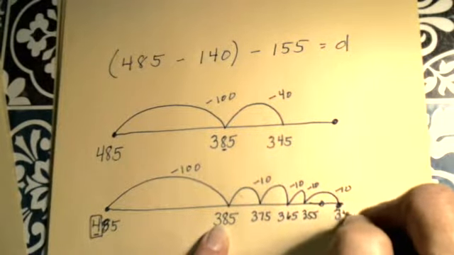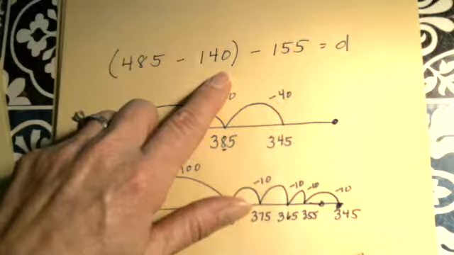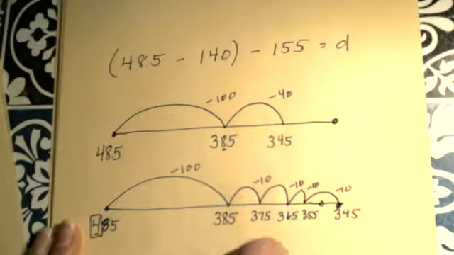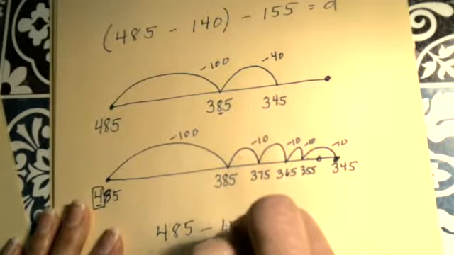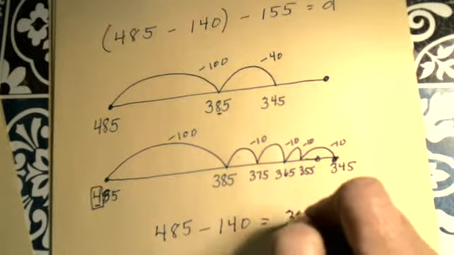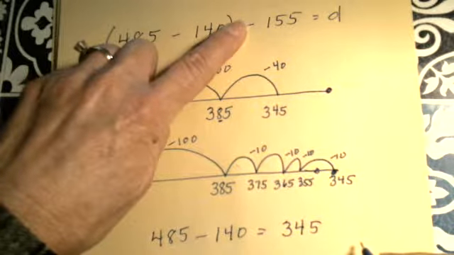And that gets me to 345. Okay, so 485 minus 140 equals 345, but I still need to take away the 155.